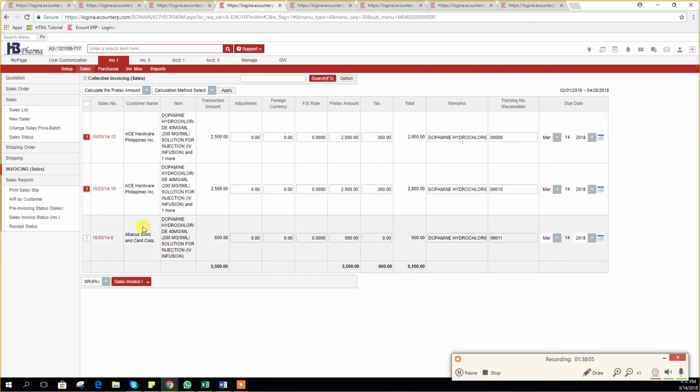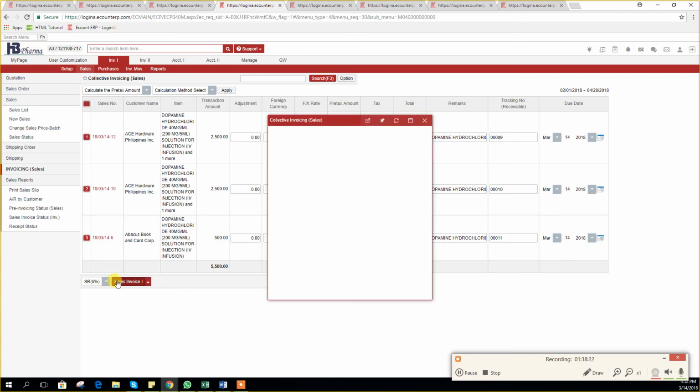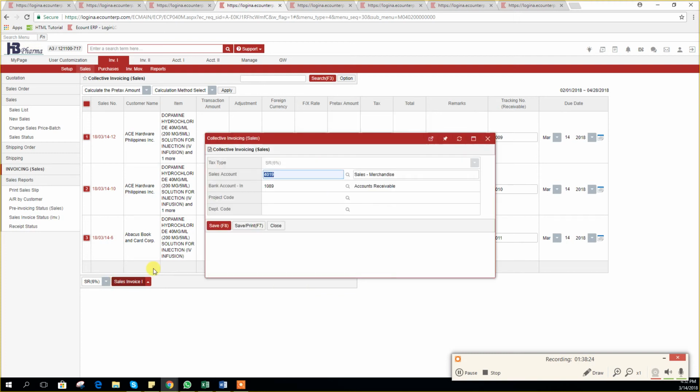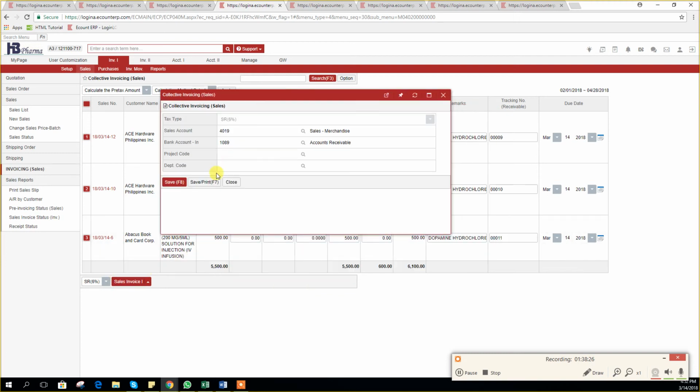So I need to combine these two, because this one is from one location and this one is another location. Can I combine another one? Yes, it's the same thing. It's still going to go to this sales invoice also.